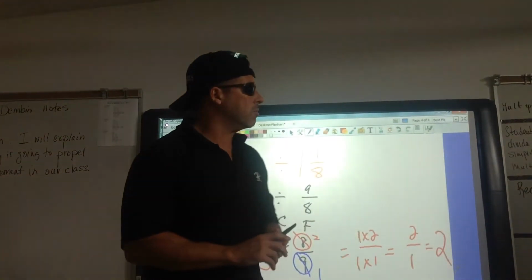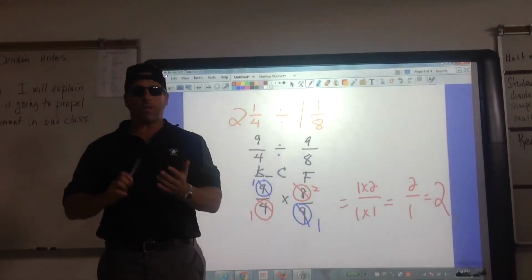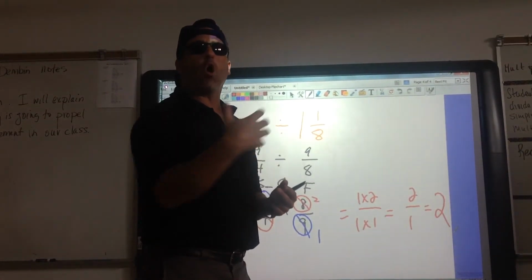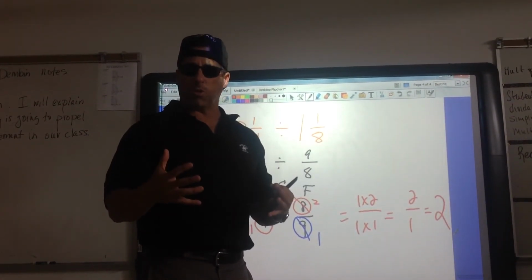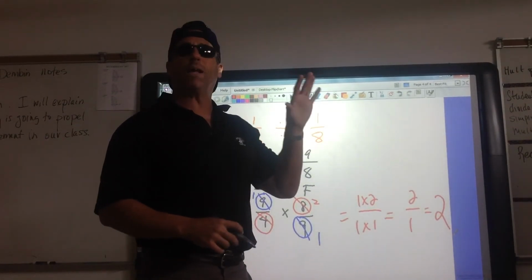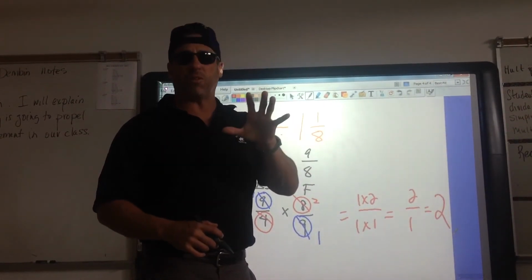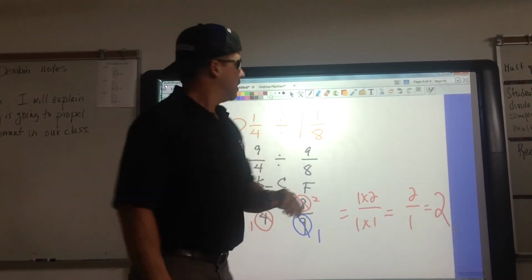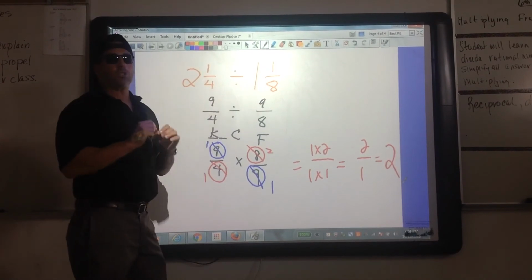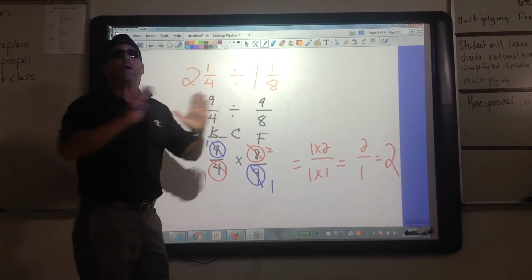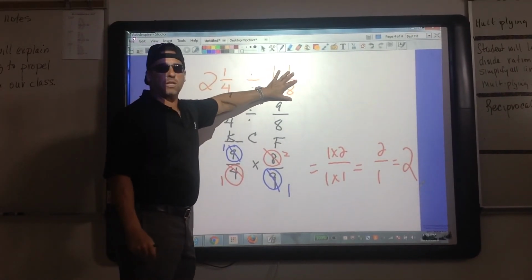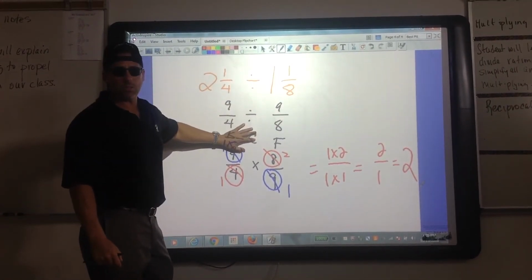So what we learned right now in this video is, 1, how to get the reciprocal. Whether we have a whole number or a mixed number, you should be able to find the reciprocal by turning both into an improper fraction and then flipping it. Don't forget that. When we divide and you have a mixed number, the first thing you must do, before you do anything for any of the operations, is turn your mixed numbers into improper fractions.